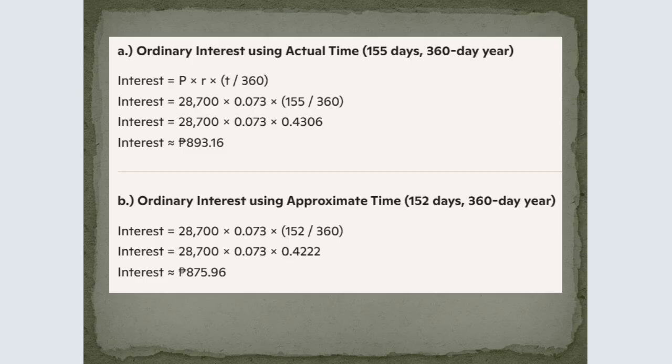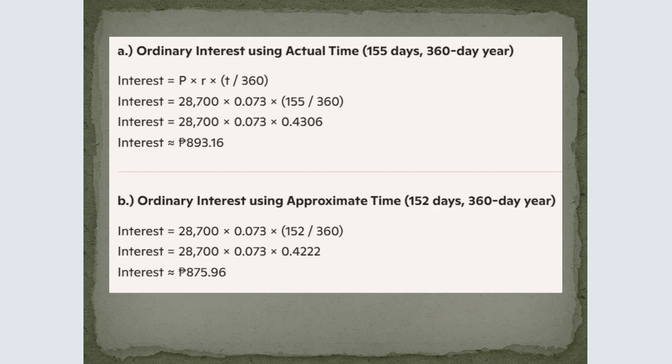Okay, so for letter A, we are asked to determine the ordinary interest using actual time. So it means 155 days actual time, but since this is ordinary, we have to use a 360-day year. So the interest is equal to P times R times T divided by 360.